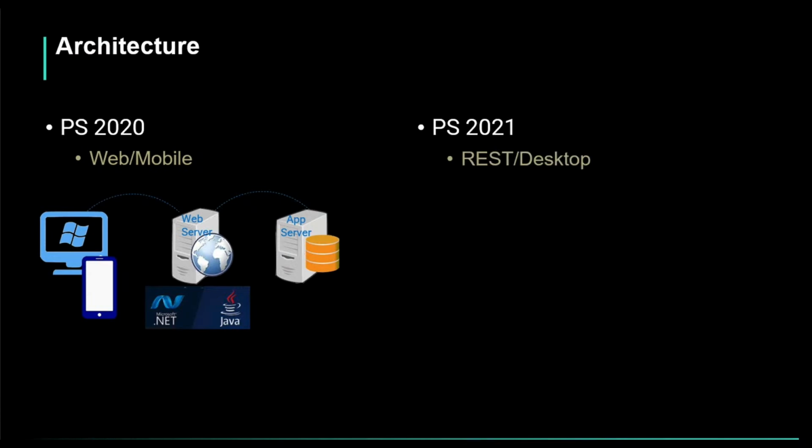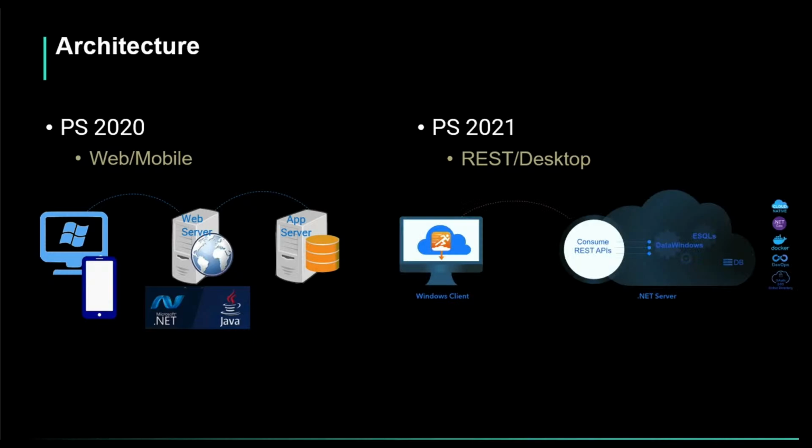PowerServer 2021 has an architecture moved to the cloud thanks to the deployment of installable cloud applications by means of native desktop Windows applications and with REST, which enhances the concept of stateless communication and separation of concerns of client and server.